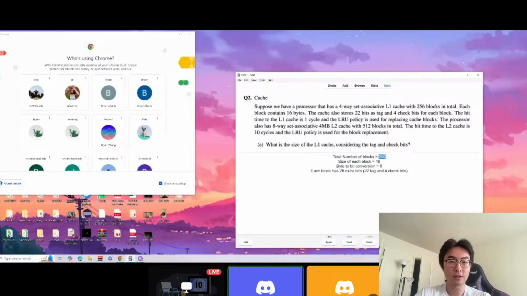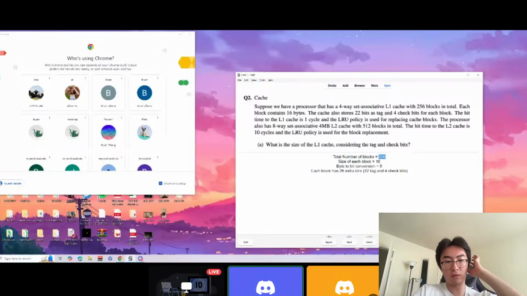Okay, so this is in bytes. If I want to get this in KB, I can do Python 3 real quick. 16384.